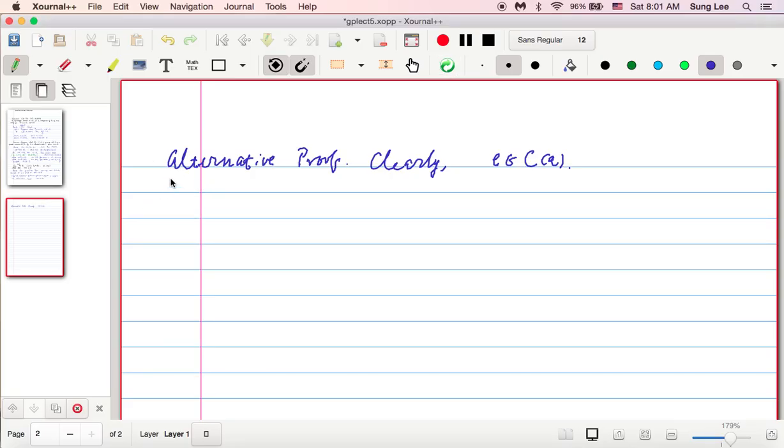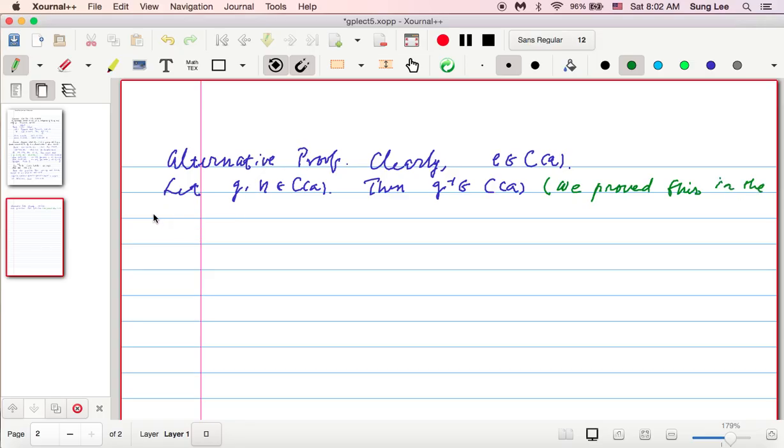Okay, now pick any two elements. Then G inverse also belongs to C of A. Same proof, so here we proved it in the earlier proof.